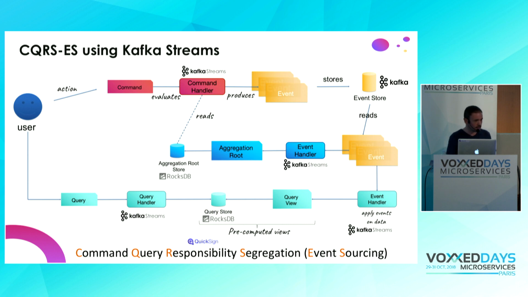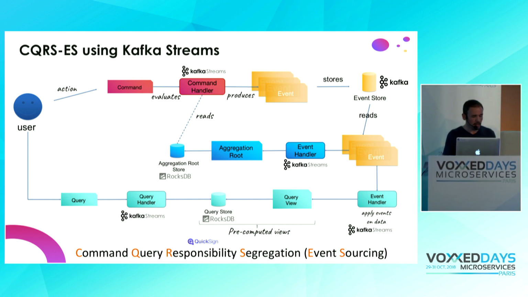Another use case of a CQRS-ES architecture, more like a Kappa architecture pattern, which is related to Kafka, is that you can consume those events, but instead of only updating aggregation roots, you can derive materialized views optimized for some queries.